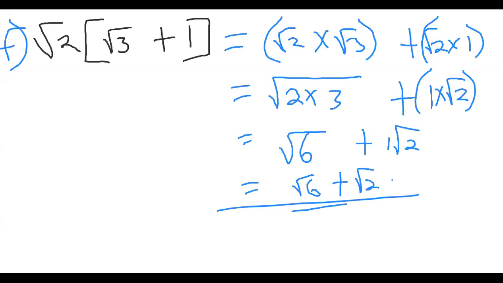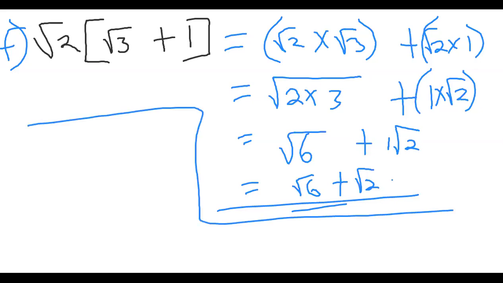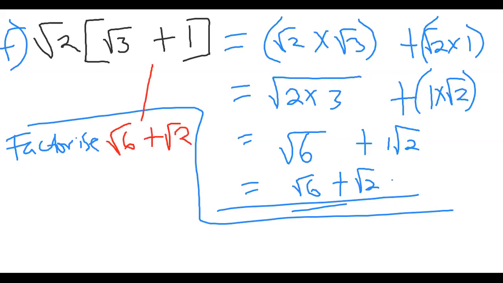Actually, still on this, I can give you the other question that factorize. Let me just write it here as a by the way. You can say that factorize root of 6, let me use red, root of 6 plus root of 2. In other words, going back to this one here, it is the same thing that we did under factorization.